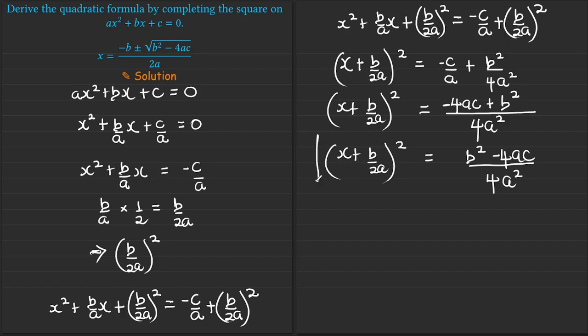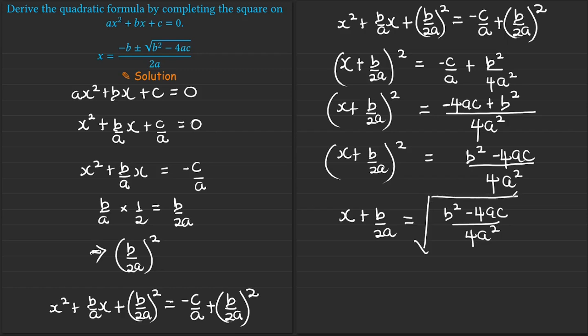So if you have to find the square root of both sides, something like this, then the square root here takes out this 2, so that we'll be left with x plus b over 2a, and it's equal to the square root of this we have here, which is b squared minus 4ac all over 4a squared.